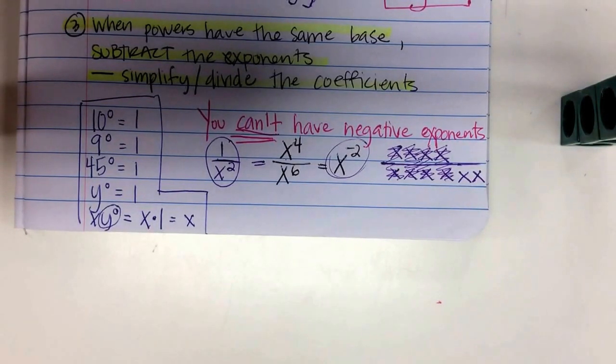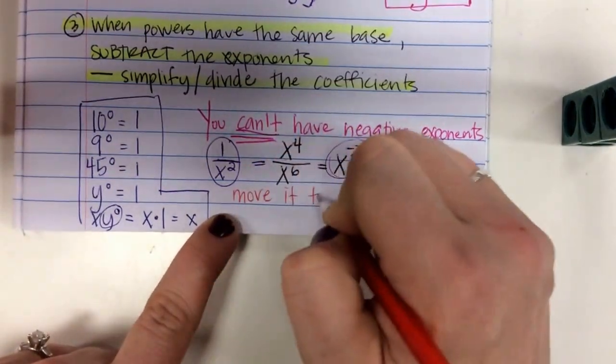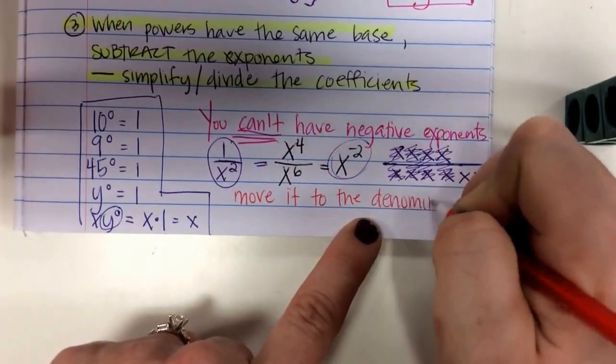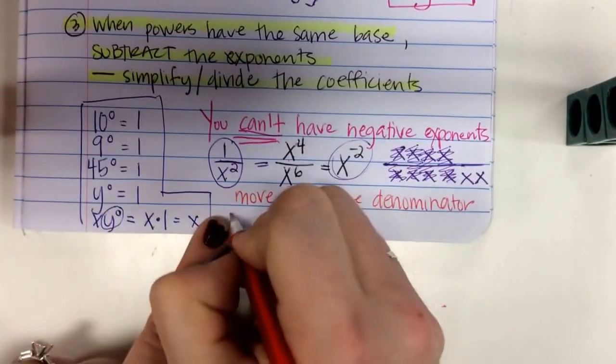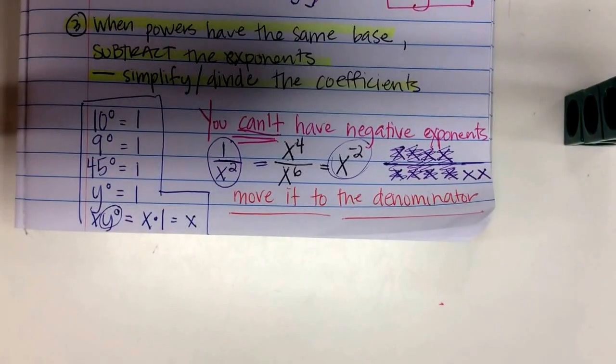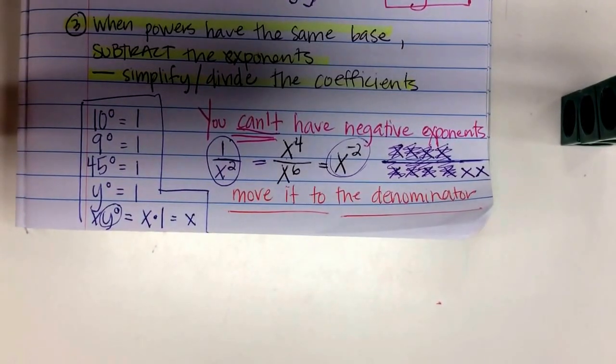Put it on the denominator. If you get a negative exponent, move it to the denominator. What if I do the problem and I end up with a negative exponent already in the denominator? Where should I move it? To the numerator.